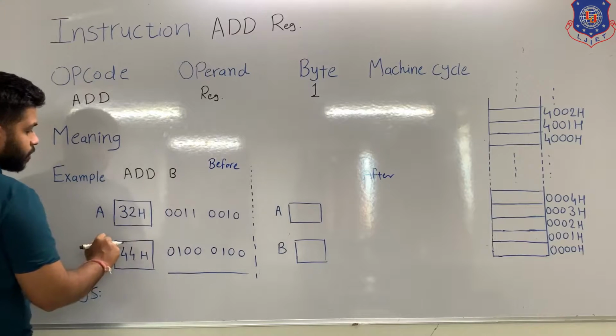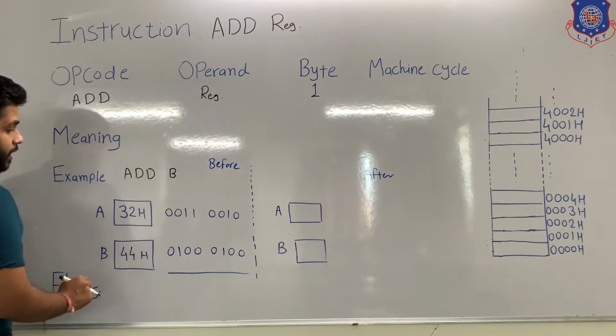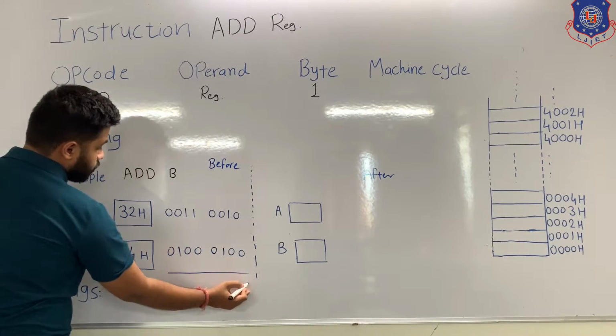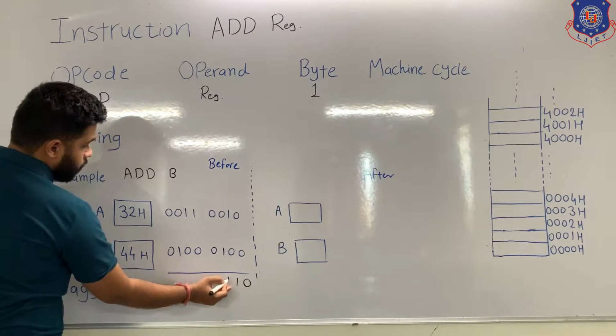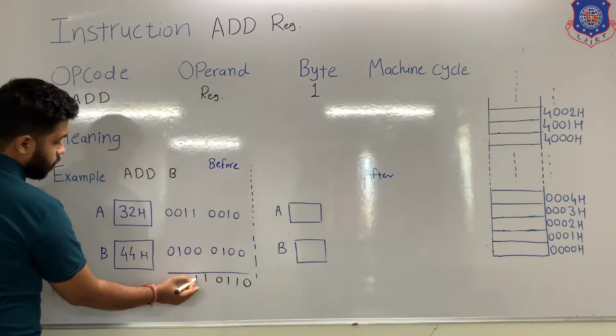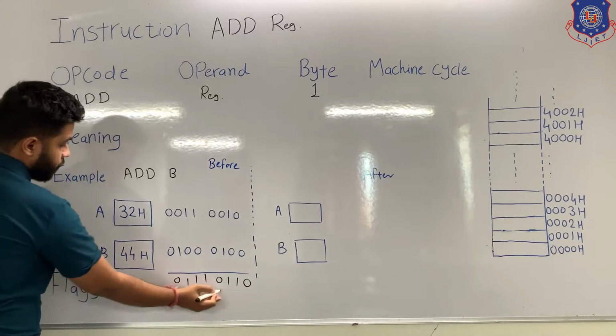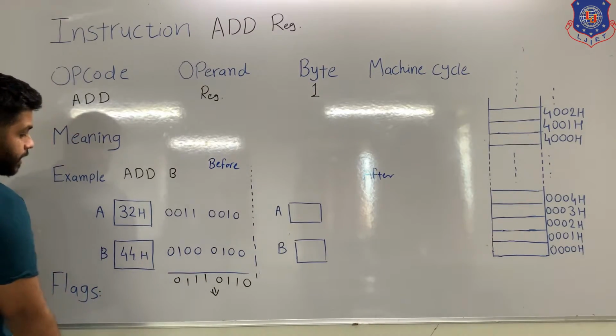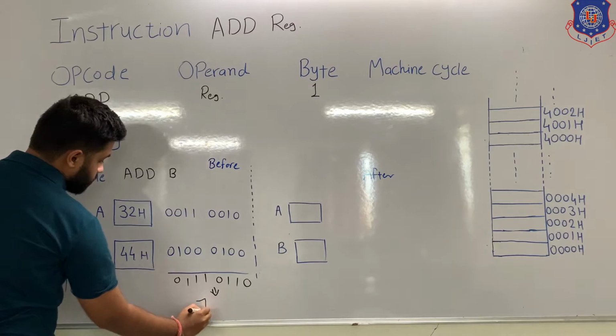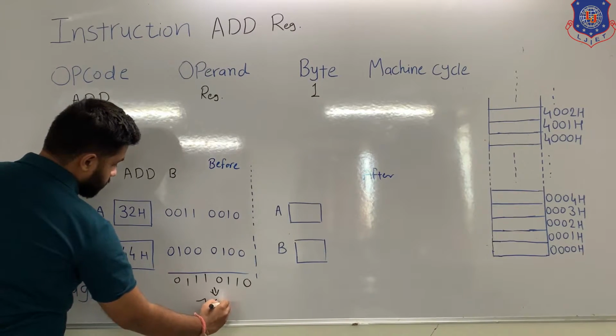When this instruction is executed, these two numbers will be added. So 0 0 0 1 1 0 1 1 1 0. If you convert this number into hexadecimal, you will get 76H.